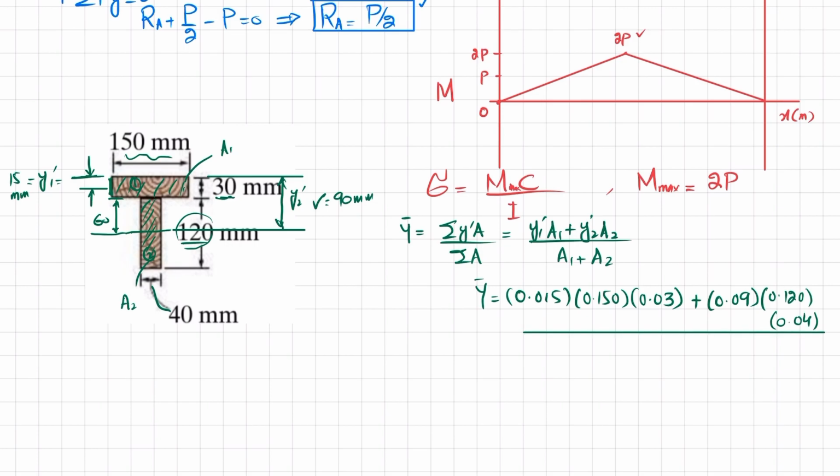So A1 is 0.150 meter into 0.03, plus 0.04 into 0.120. So when you calculate it, you will get y bar equal to 0.05371 meter, or 53.7 millimeter.